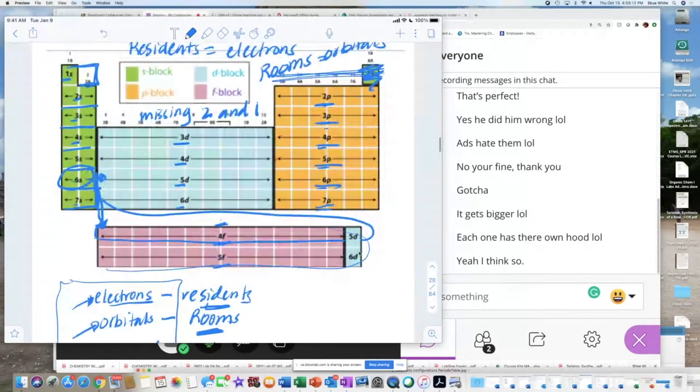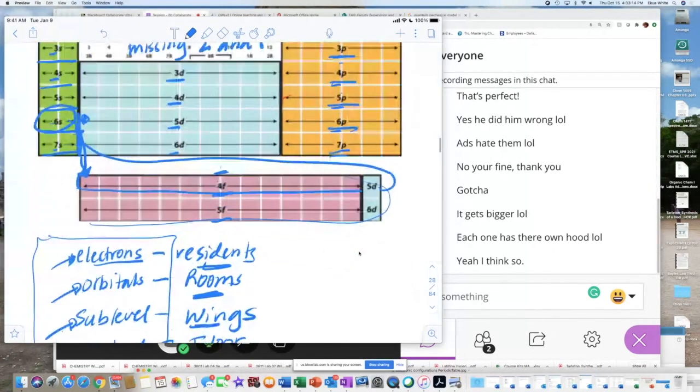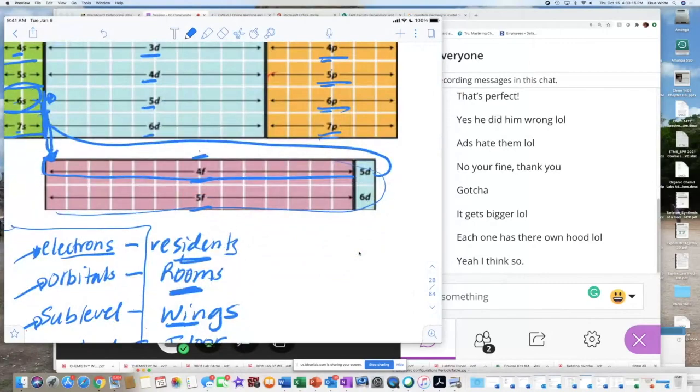Okay? The way we do this is there are rules. According to a scientist, Pauli's exclusion principle says when you're dealing with electrons, you can have in the rooms, or the orbitals, a maximum of 2 electrons per orbital.